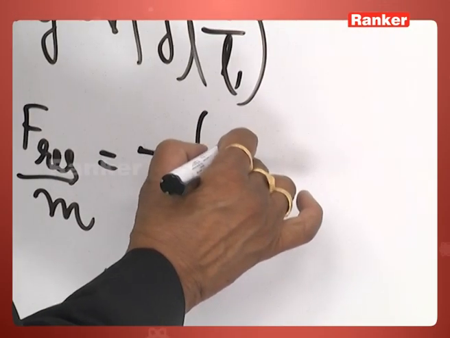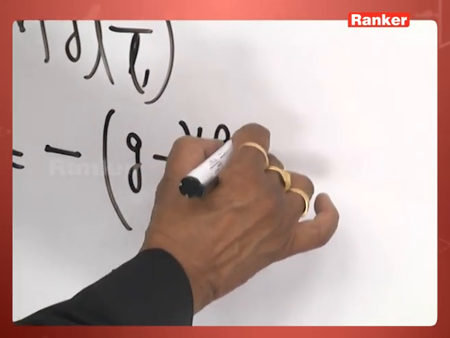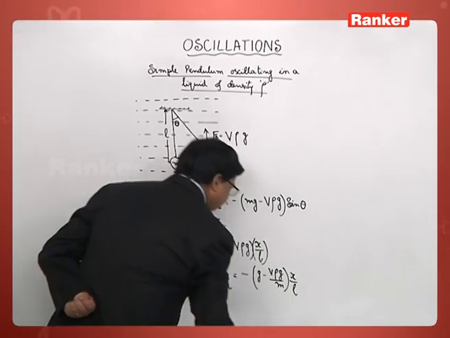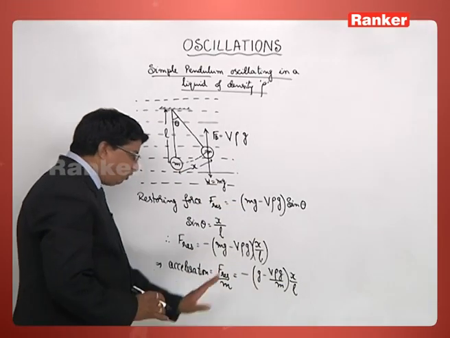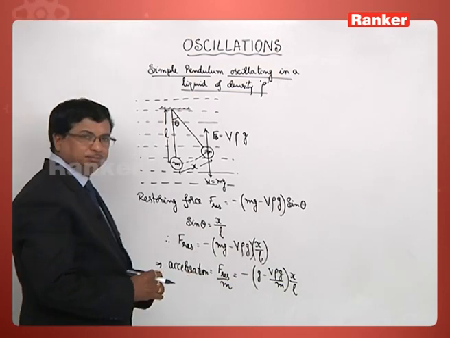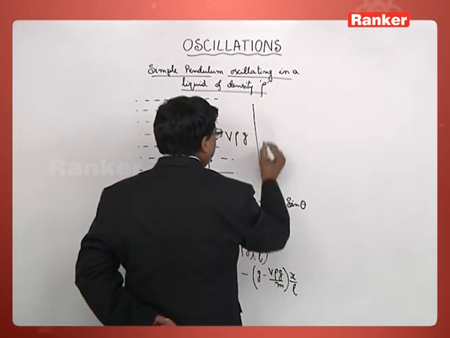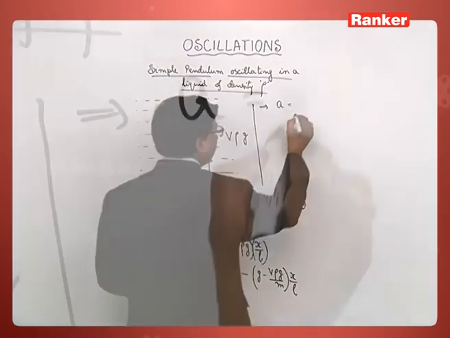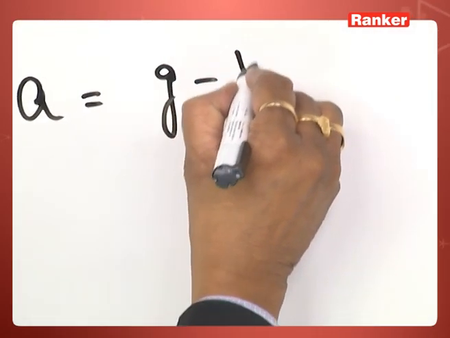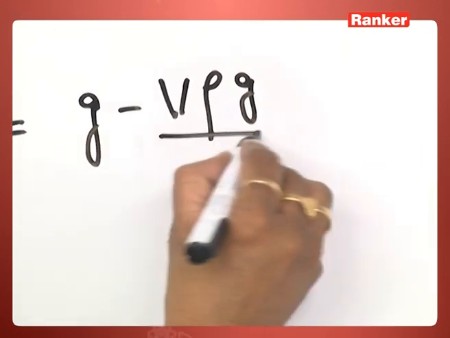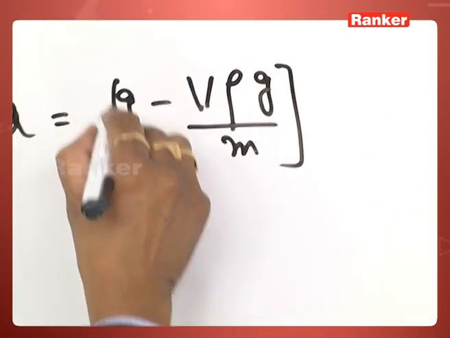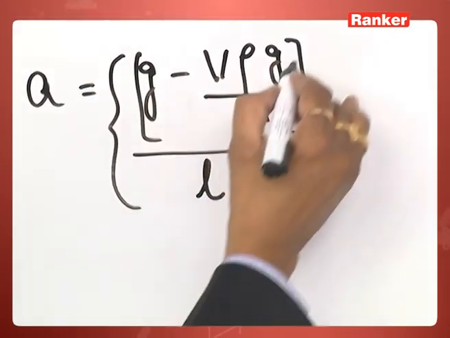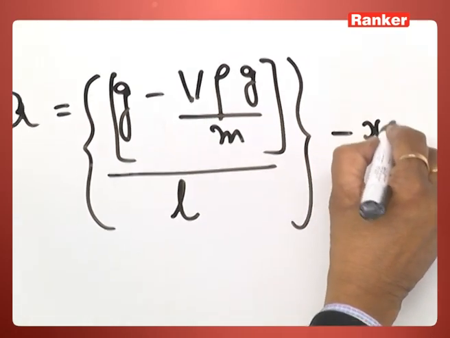Minus g minus V rho g by m into x by L. That is the equation we can get for acceleration. Same equation I just rewrite in a different manner now. Acceleration a is equal to g minus V rho g by m, whole divided by L, into minus x.